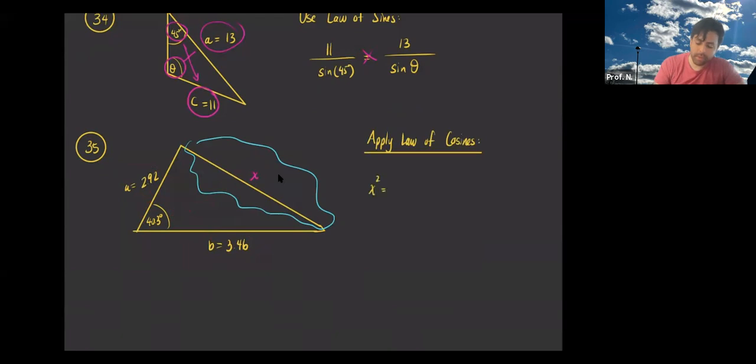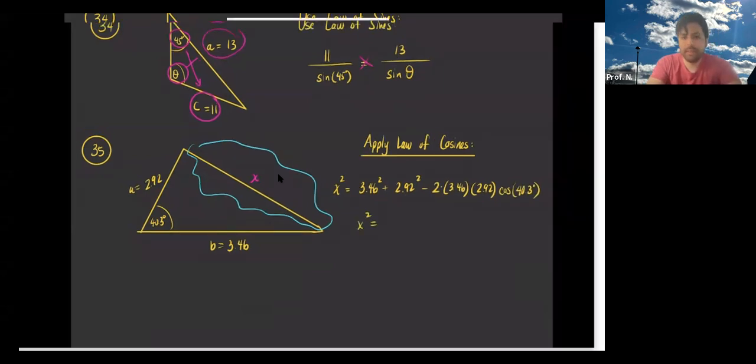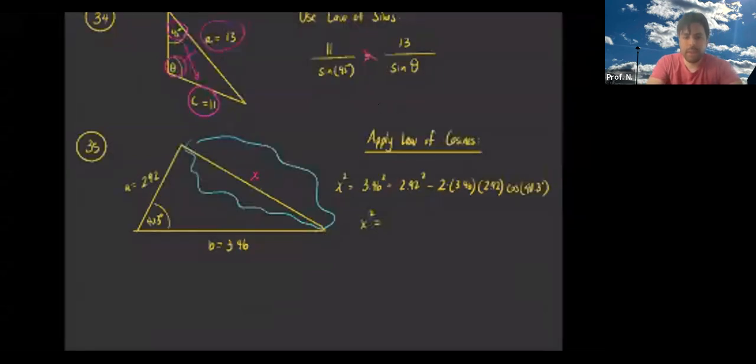X squared is equal to 3.46 squared plus 2.92 squared minus 2 times 3.46 times 2.92 sine of, pardon me, not sine, this is law of cosines. So this becomes cosine of 40.3 degrees. And then this just becomes a calculator question.